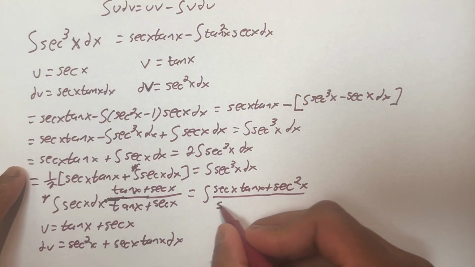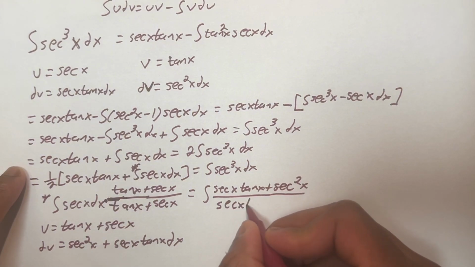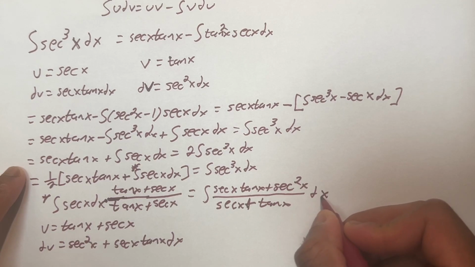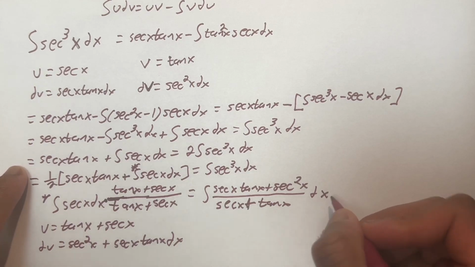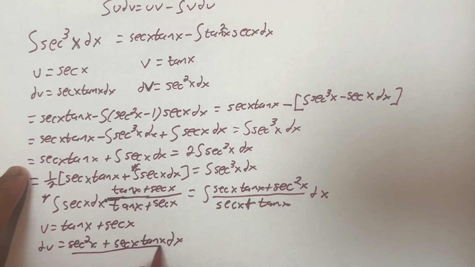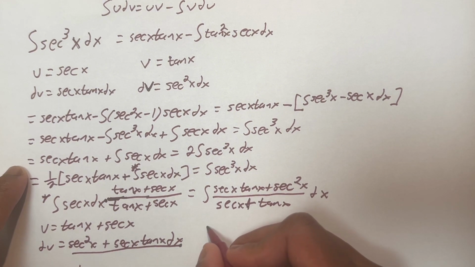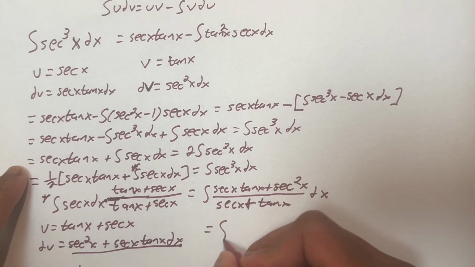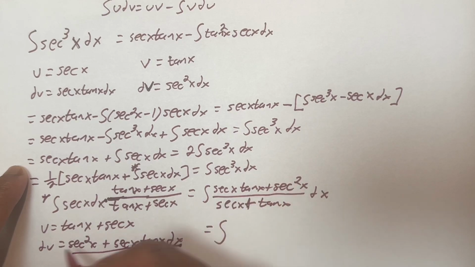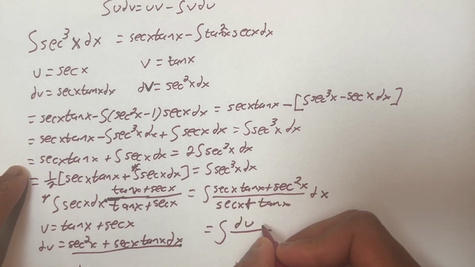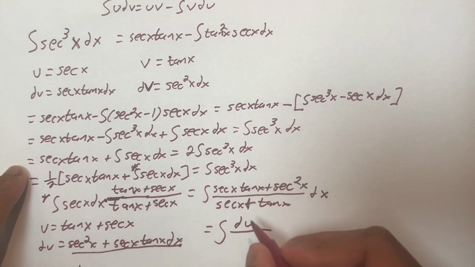And then on our bottom, we have secant x plus tangent x, and then dx. So this top here is actually equal to du, and the bottom is just u.